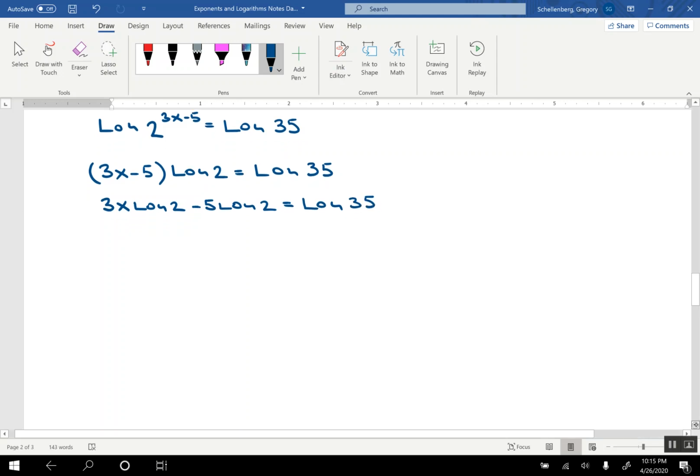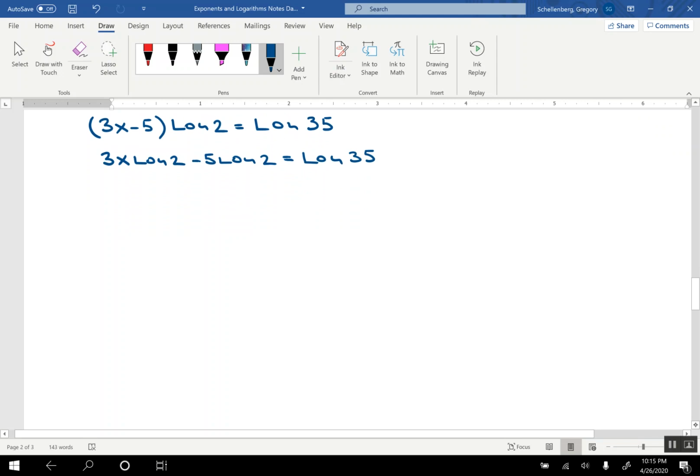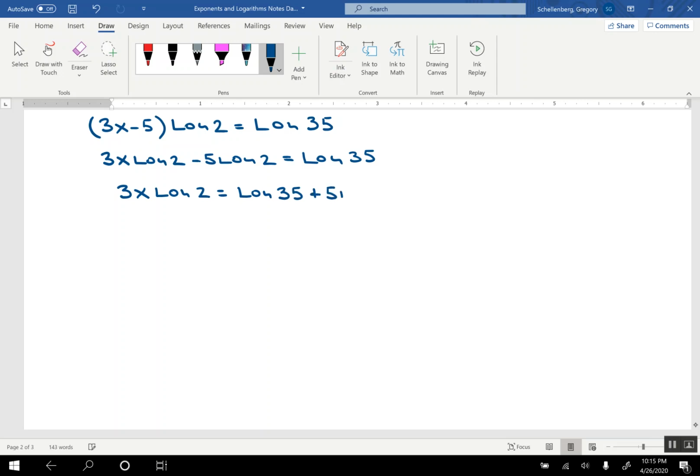Now, isolate x. So we'll keep the term with the x on one side. We'll move everything else to the other side. We've got 3x log 2 is equal to the log of 35 plus 5 times the log of 2.